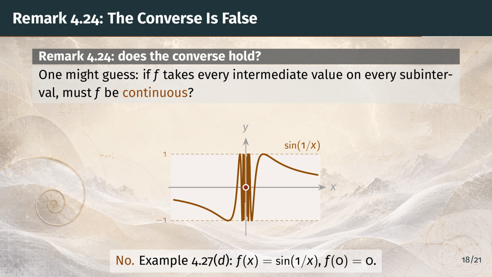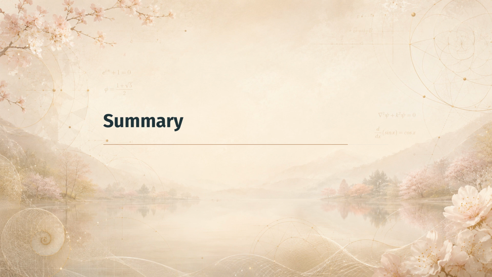Because of those oscillations, on any interval touching the origin, the function sweeps through every value between -1 and 1. So it does have the intermediate value property. Yet it is wildly discontinuous at the origin, since it has no limit there. The left and right-hand limits simply do not exist, so the intermediate value property is genuinely weaker than continuity. The converse fails.